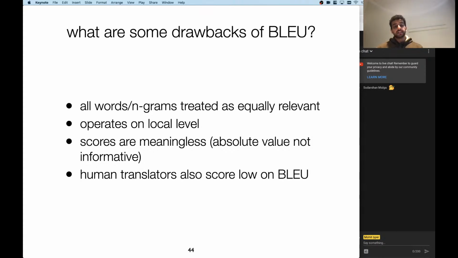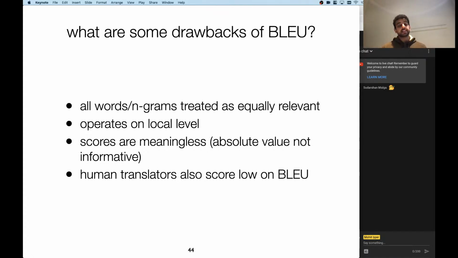And to kind of second that, human translators also score pretty low on BLEU. So, you know, a BLEU of 100 means basically you have to almost exactly match the reference output. But human translators themselves have a lot of variance in what they produce. So the upper bound on BLEU score is not 100, and it varies from language pair to language pair.